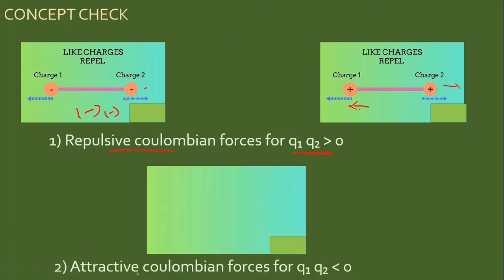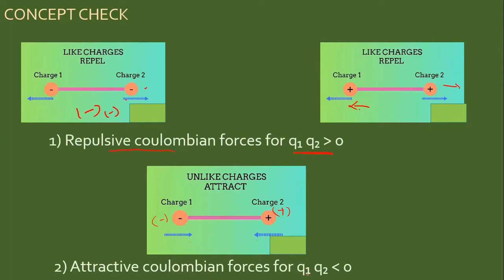Next, we have attractive Coulombian forces. For that, Q1 Q2 must be less than 0. Attractive Coulombian force means the force must be attractive in nature. Now, when will this force be attractive in nature? When we have two unlike charges, that is, if one is a negative charge and the other one is a positive charge. So here we find the Coulombian forces pointing towards each other, that is, attractive in nature.